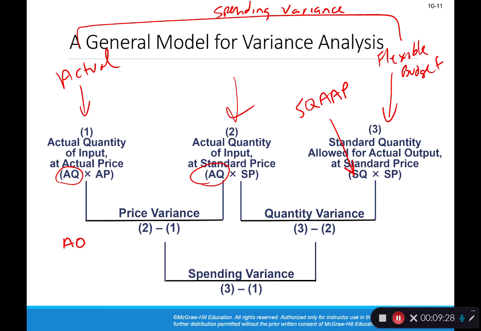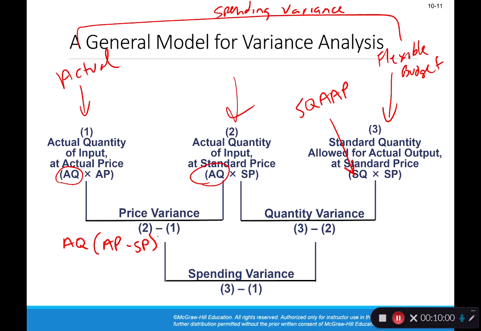So we can put that outside the parentheses, and then we get the algebraic version, which is that the price variance equals the actual quantity times the difference between the actual price and the standard price. The one good thing the algebra points out is what's different between the columns. What's different between column 1 and column 2 is the price. Actual quantity is a constant. That's why comparing column 1 and column 2 gets you the price variance.